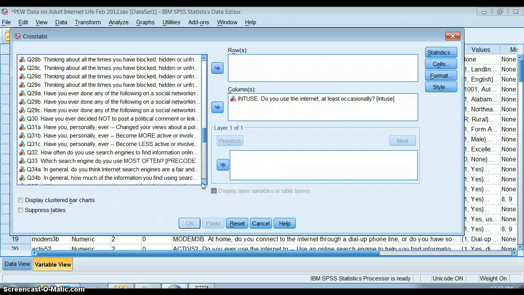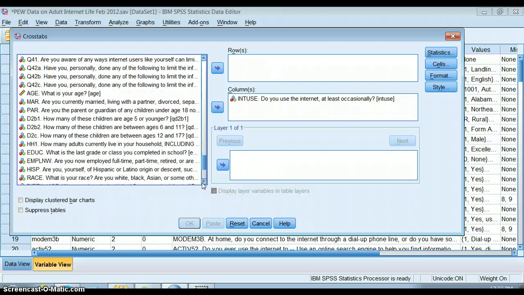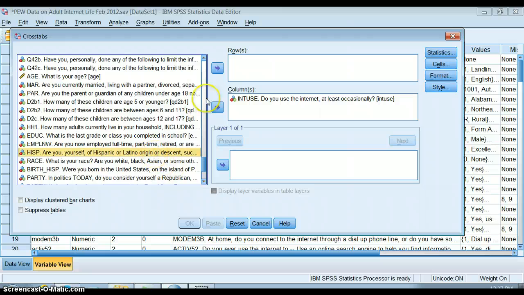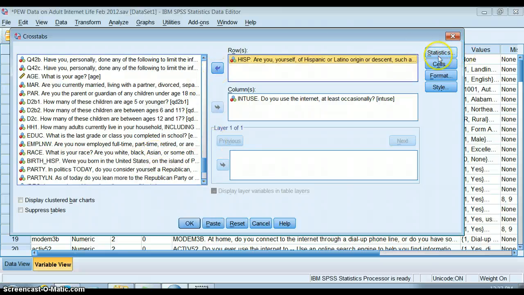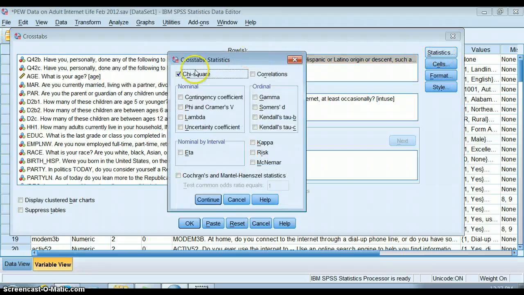Right? So I'm going to use the variable Hispanic, which measures ethnicity and whether or not someone is Hispanic. I'm going to go over to the statistics box over here, and I'm going to tell SPSS that what I want is chi-square statistics. Just ignore everything else on here.